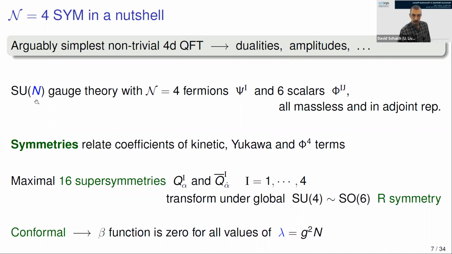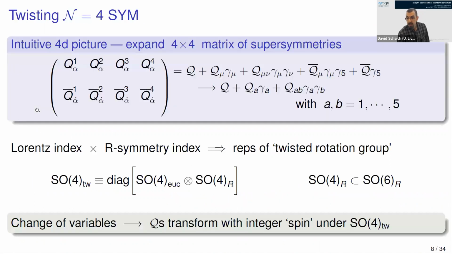And in order to see how a subset of the supersymmetry algebra can be preserved on the lattice for this particular theory, I find it intuitive to take the approach of collecting its 16 supercharges, all of these Qs and Q bars, and arranging them in a 4x4 matrix, where as we go down each column, we are varying the spinor indices in that SO(4) Euclidean rotation group of spacetime after that Wick rotation.